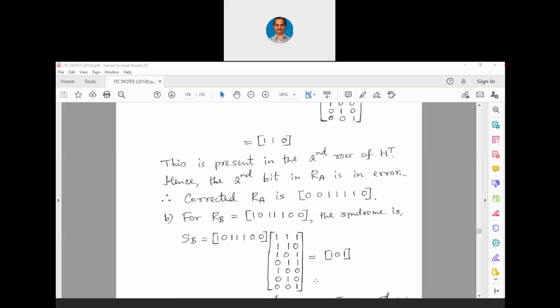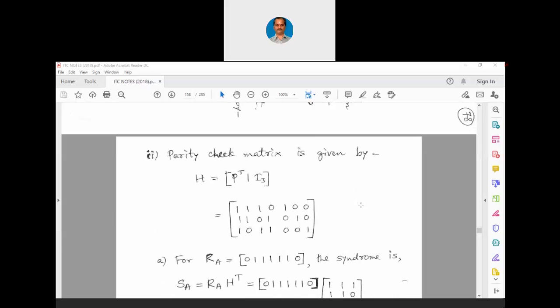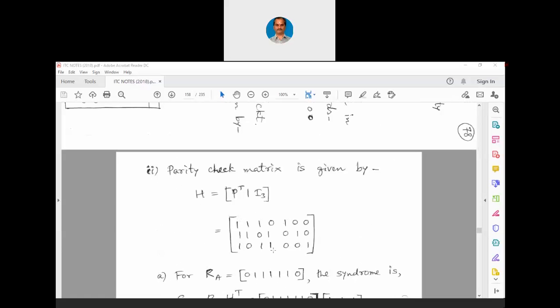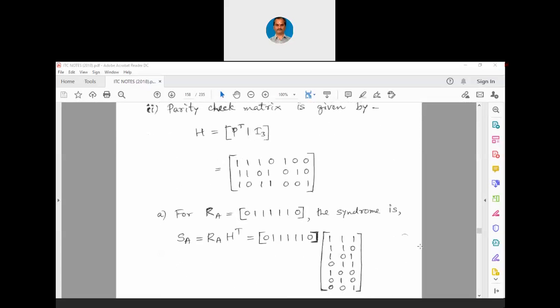Everything we are defining in terms of the parity matrix itself, right? At the receiver we have parity transpose. Again we will have H transpose, Hamming transpose. You have a parity transpose along with the identity element for the Hamming matrix. Again for calculating the syndrome we have Hamming transpose. So we will get the parity matrix back.